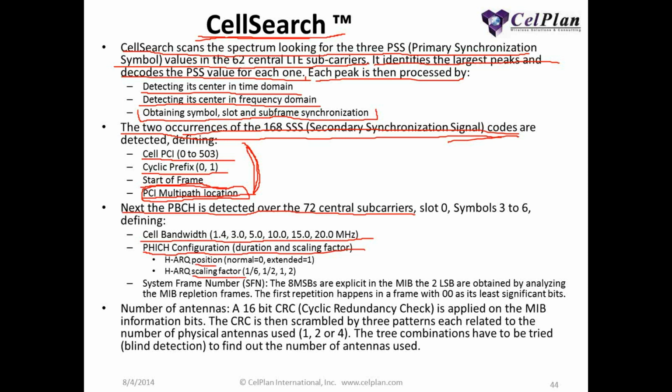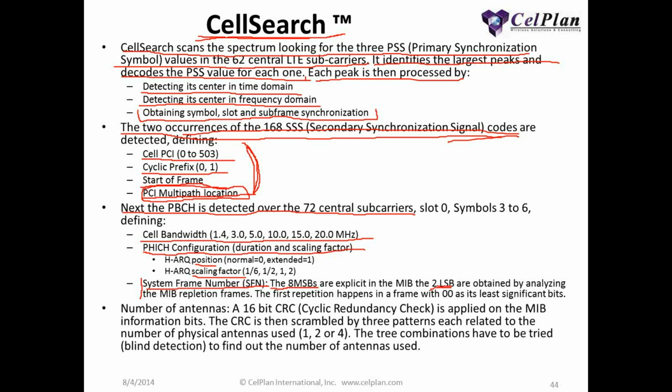The reason is that the MIB is repeated with the same sequence number for 4 frames. So by finding those 4 equal frames with the same sequence number, we can figure out where the MIB is and where the 2 least significant bits of the SFN are.